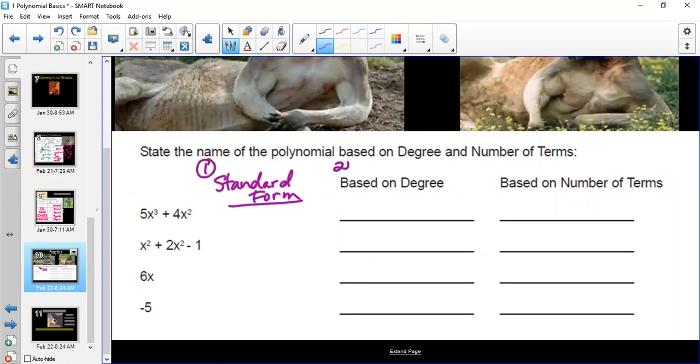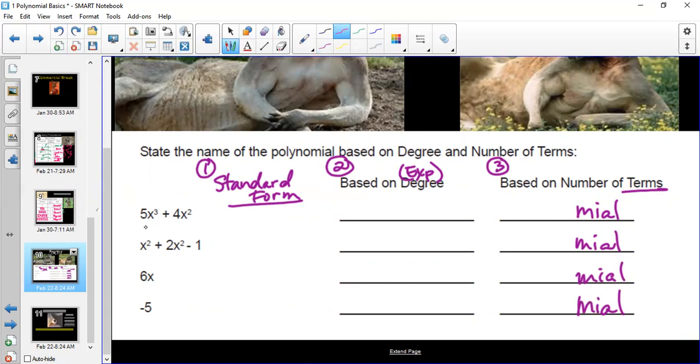Step 2 will be to name it based upon the degree, which again is your exponent. Step 3 is going to name it based on the number of terms. Okay, so these terms are all going to end in the -mial, whether it's a monomial, binomial, polynomial, trinomial, whatever it is.